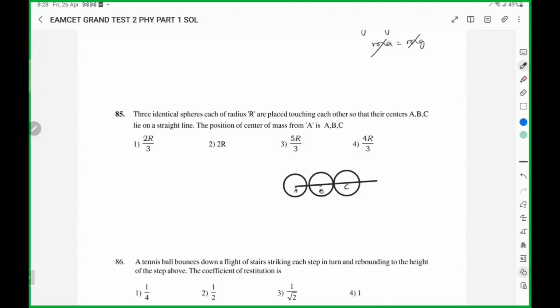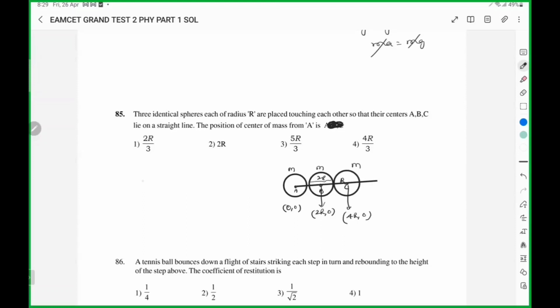The position of center of mass from A is, so here let us assume A as 0, 0. All are identical, so mass will be the same. Its center of mass will be at 2r comma 0. Here it is r plus 2r, 3r plus r, 4r.